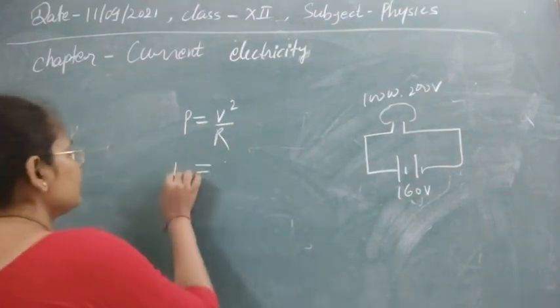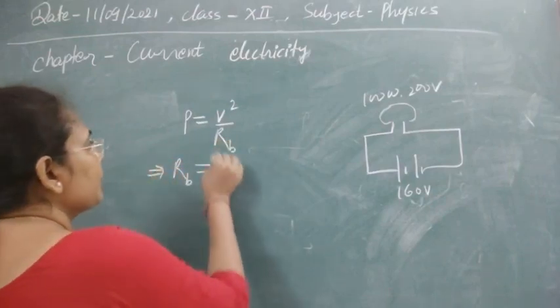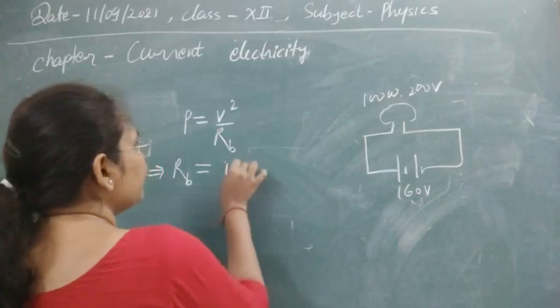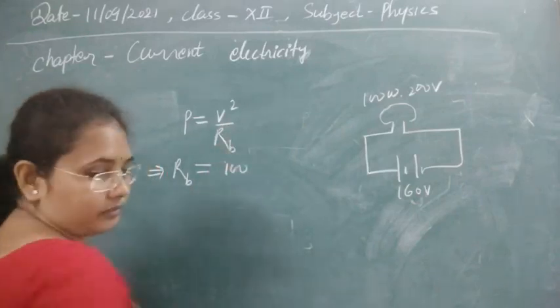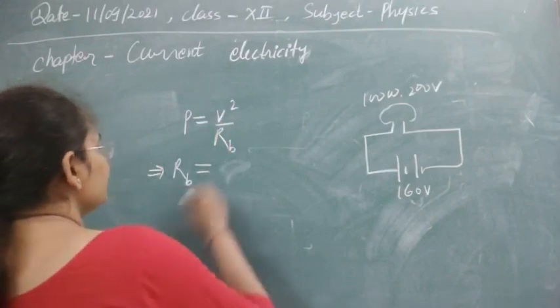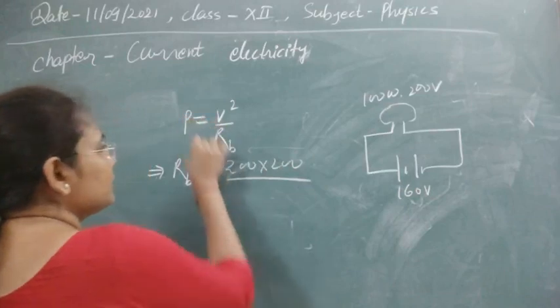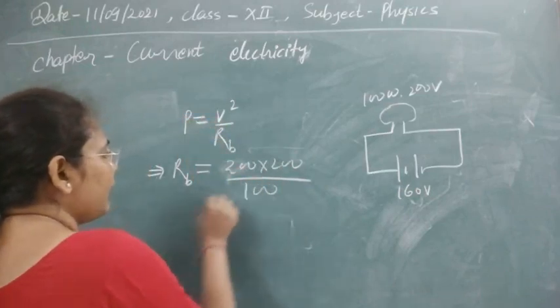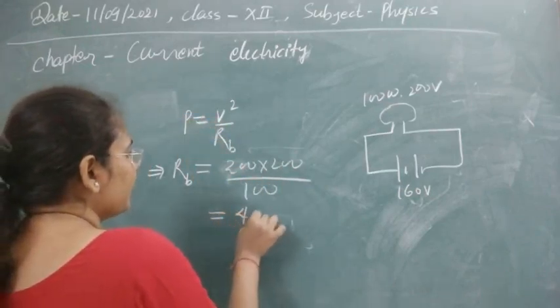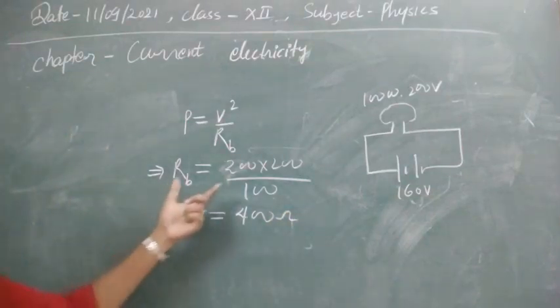So let's find out the resistance of the bulb by this formula. Resistance of the bulb is given by V square upon P, where P is the power of the bulb. So V square is 200 into 200 upon P, this is 100 watt. And if you solve it, this is obtained as 400 ohm. So 400 ohm is the resistance of the bulb now.